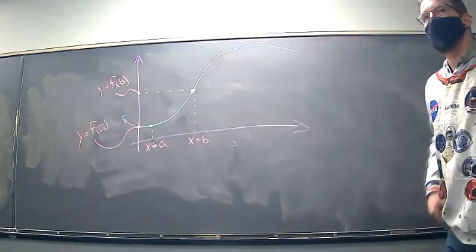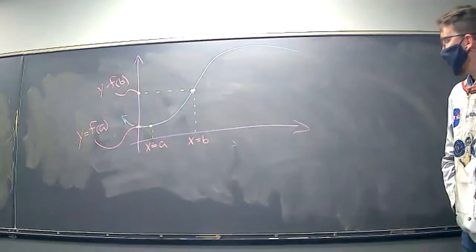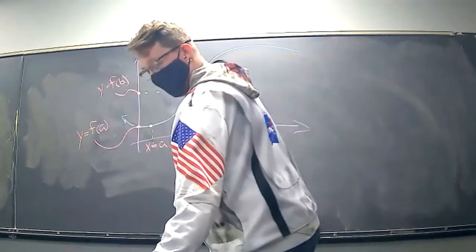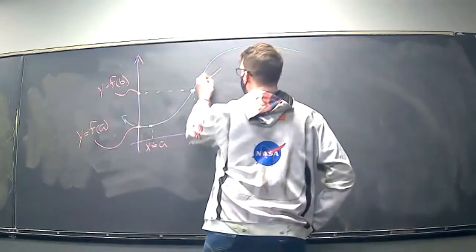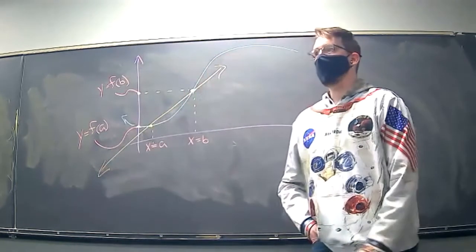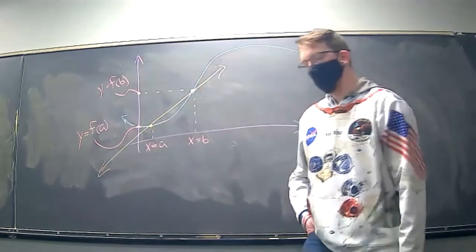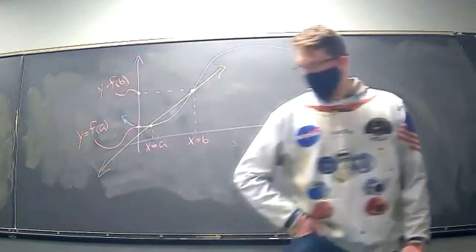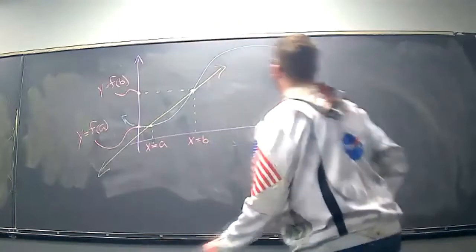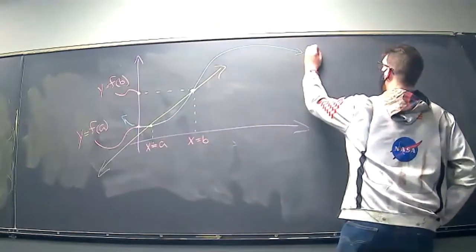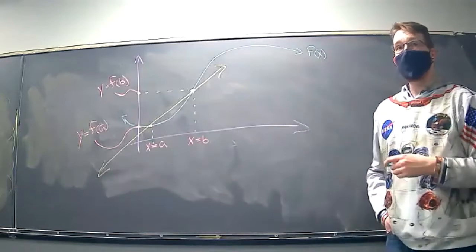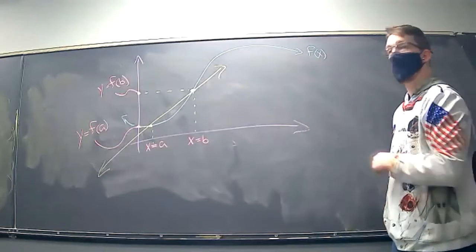How would you do that? In other words, you want to find this line. What is its equation? Well, we could use point slope form, right? To find the equation of this line.